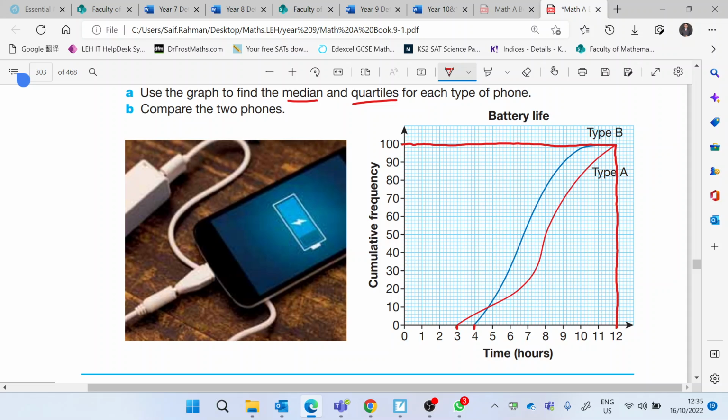And for the red ones, we draw with the red pen, and if we divide it with 100, the 4 quarters become 25%, 50%.